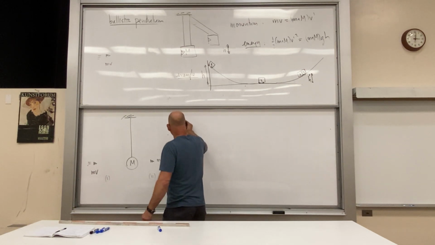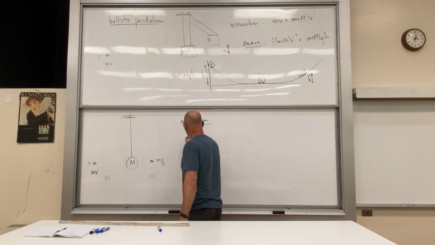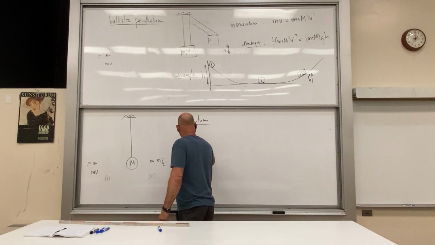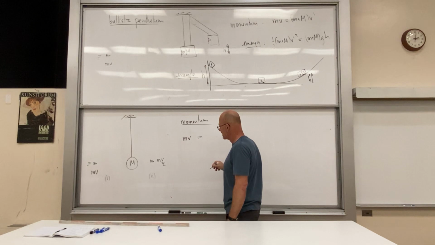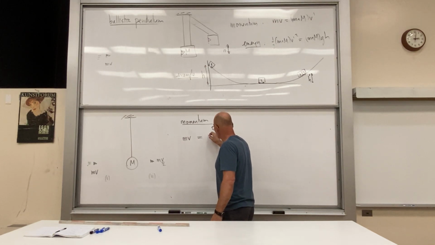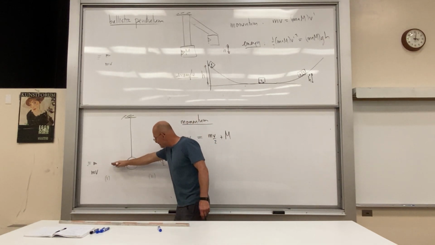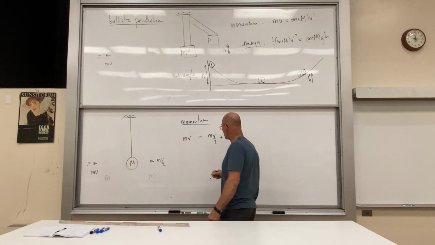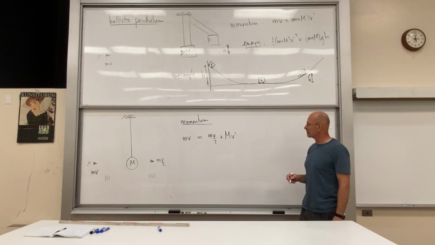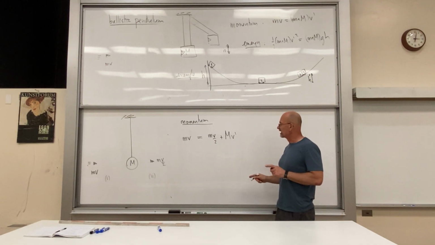Before the collision I have mv. After the collision, I have the bullet with mv over 2, but the ball must have also gotten a kick. Even though the bullet went through, the ball got a kick, so there's capital M with a v prime. So there's your momentum conservation equation.